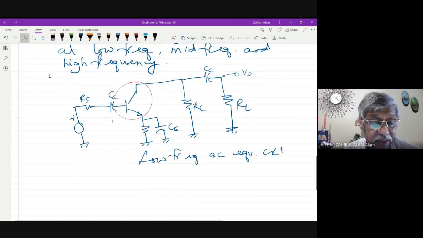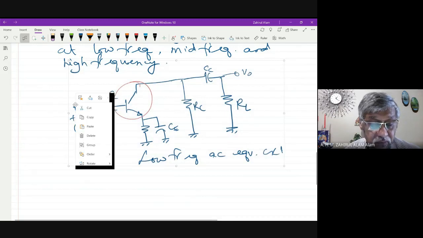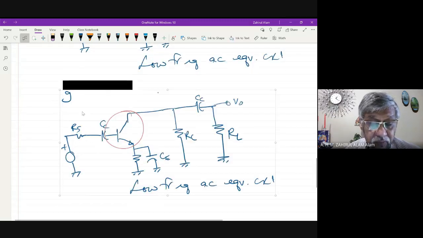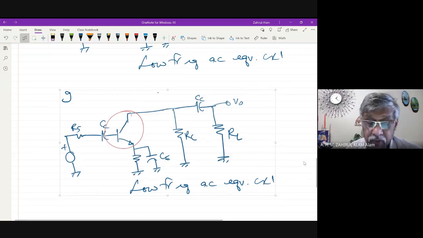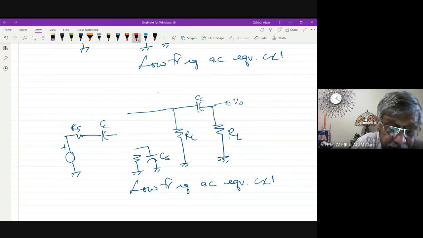So now I just copy this one. Now we know this is base to emitter. There is a R pi resistance.